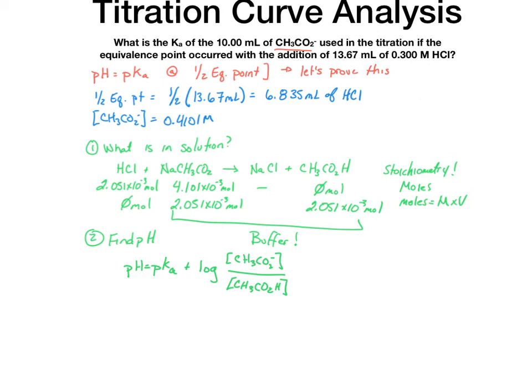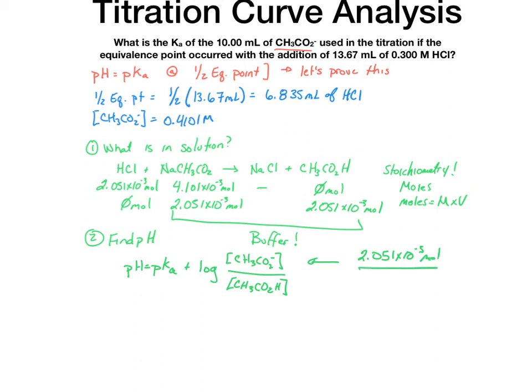And to find these concentrations, I'm going to take the moles, 2.051 times 10 to the minus 3, divided by the total volume.